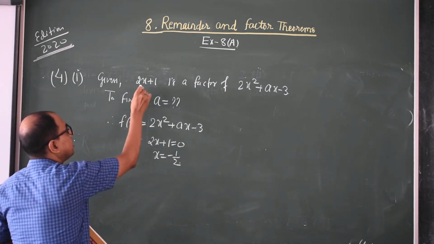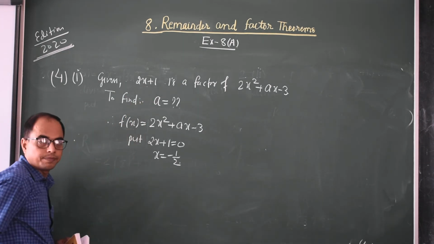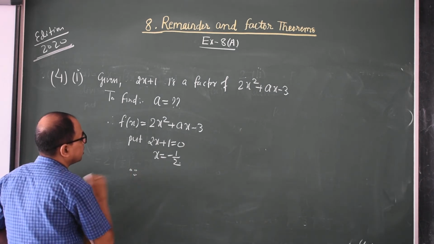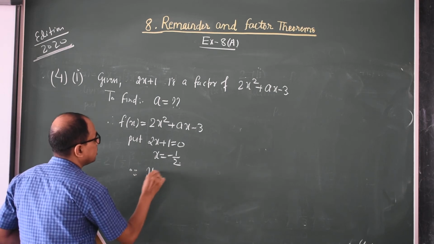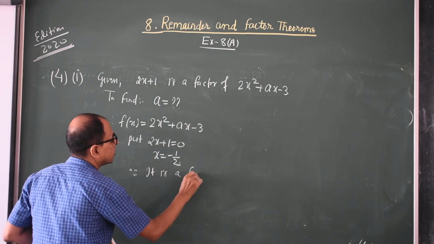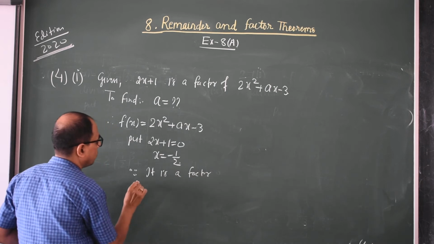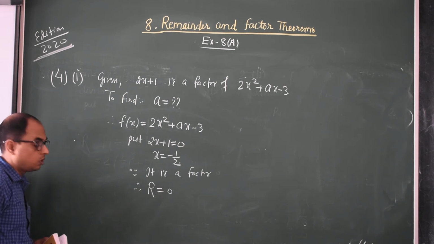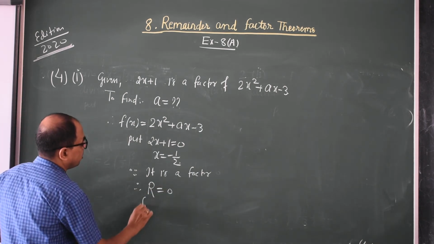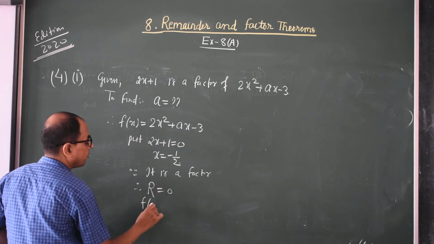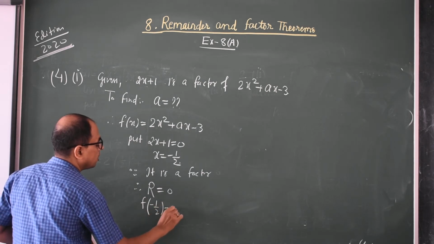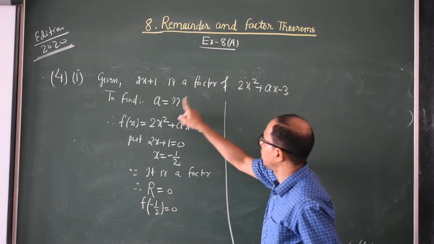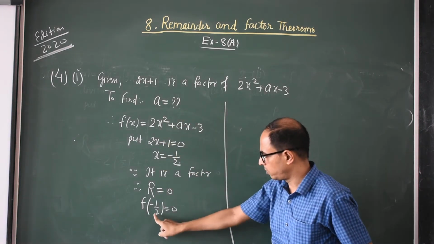Now since it is given that 2x plus 1 is a factor, therefore the remainder must be 0. Now what is the value of the remainder? It is f of minus half. It must be 0. So in the polynomial, in place of x, substitute minus half.